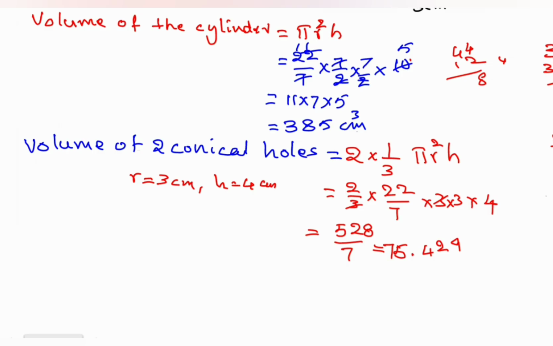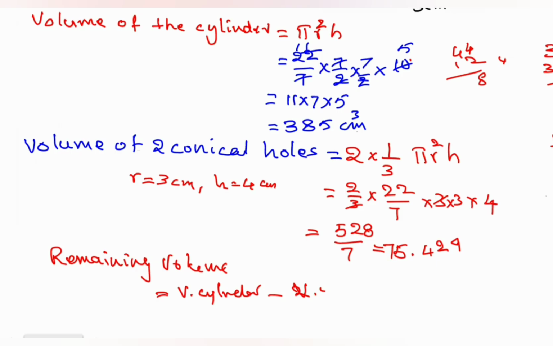Then the remaining volume of that solid, the cylinder's remaining volume, is equal to the volume of the cylinder minus the volume of the two conical holes.